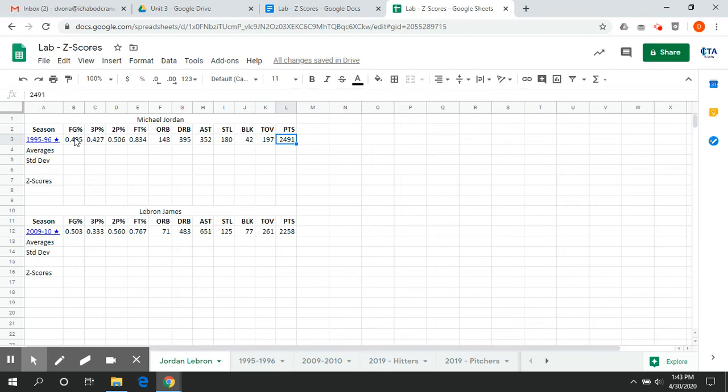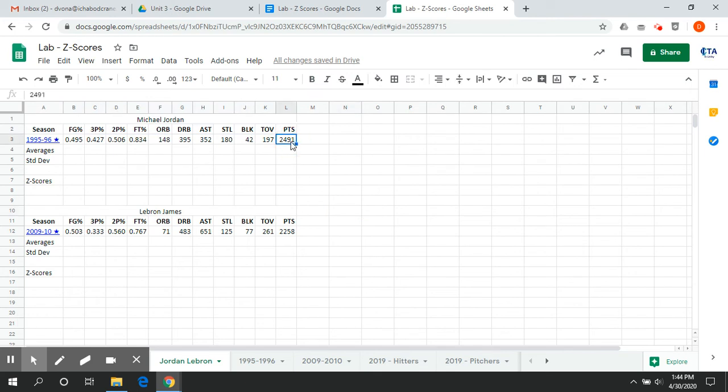So if we convert every single one of these stats into a z-score, we can get a combined total for Michael Jordan, and a combined total for LeBron James, and it lets us count each stat as part of a bigger picture.